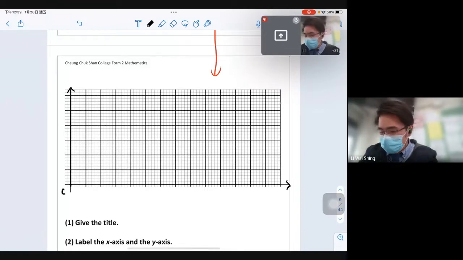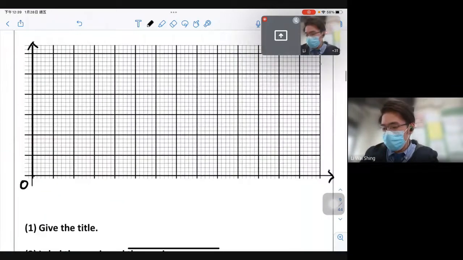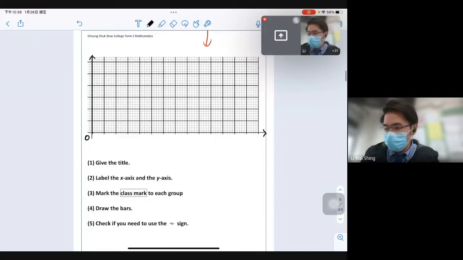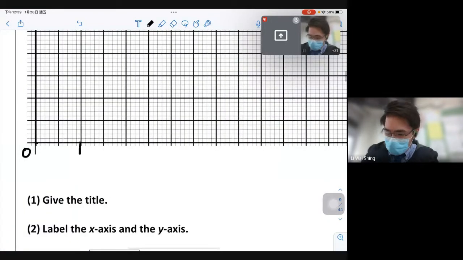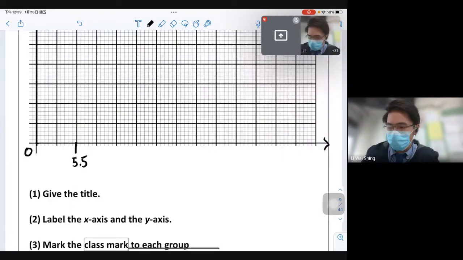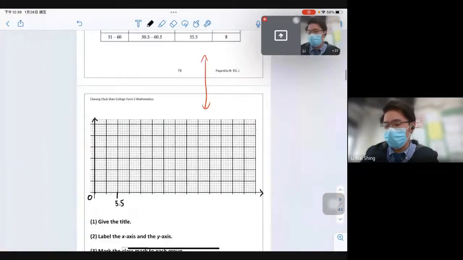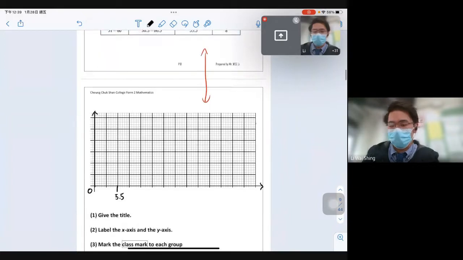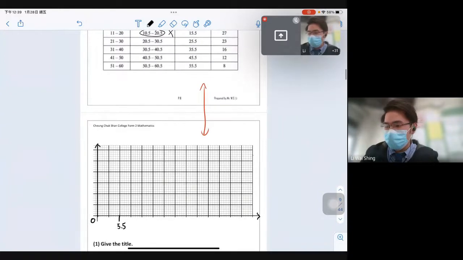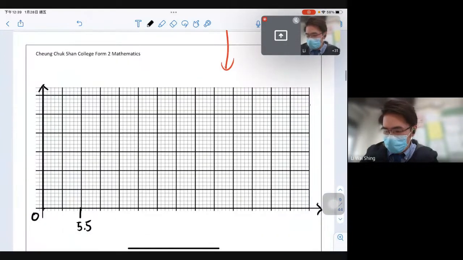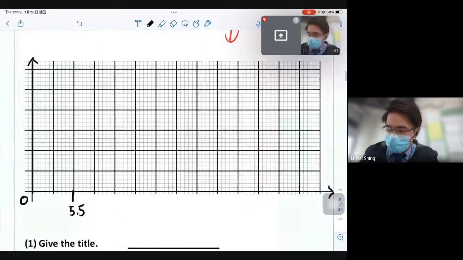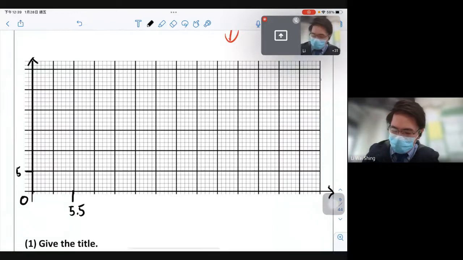Okay, 0 here. For the first group, you don't use the boundary. You use the class mark to mark it. For example, here I use 5.5 for my first group. My first group has 14 people. So I need to label my x and y axes, for example 5, 10, 15, 20, 25, 30. I need to sketch the frequency.